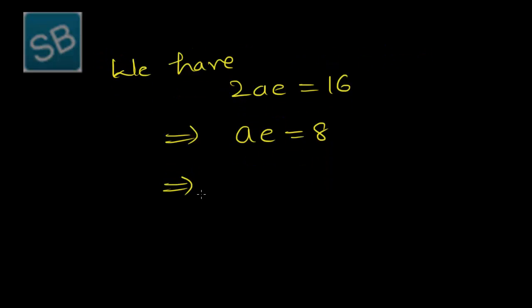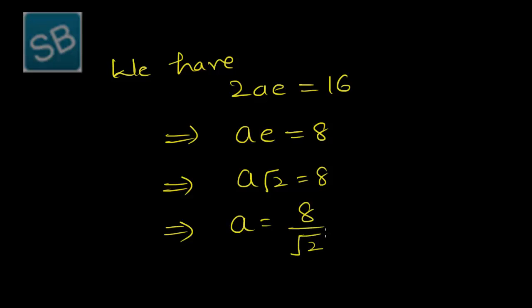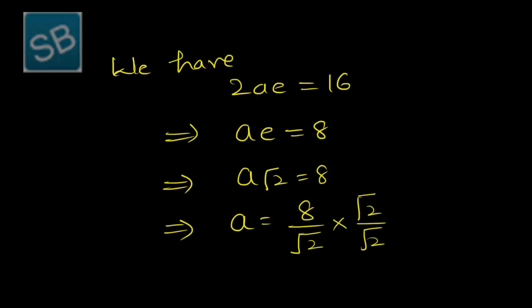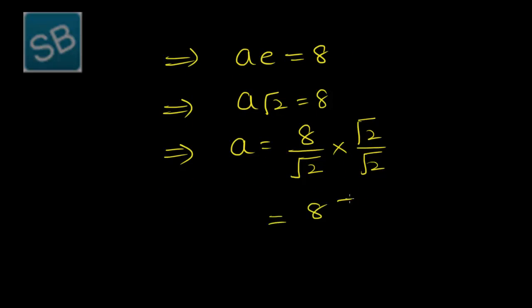And we have e is equal to root 2. Therefore, a root 2 is equal to 8. That implies a is equal to 8 over under root 2. As the irrational number is in the denominator, rationalize it by root 2. So we get 8 under root 2 over 2. That gives 4 under root 2.